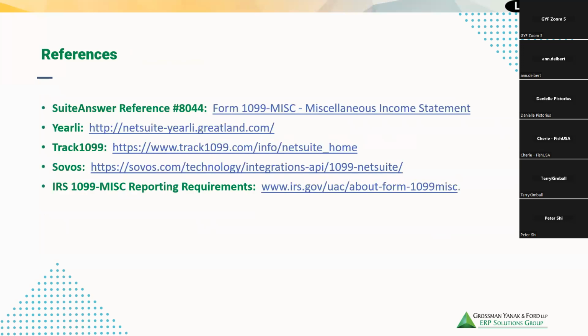Here we also included some SuiteAnswers references that follow through those third-party providers and how to set up your environment. We also included links to the three third-party providers that NetSuite partners with, Yearly, Track 1099, and Sovos, along with a link to the IRS for the 1099 MISC reporting requirements.